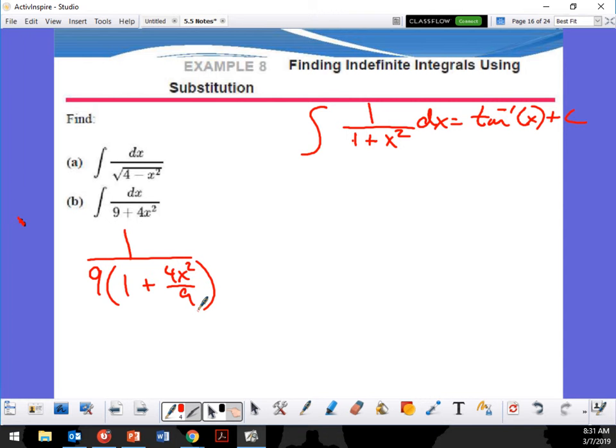Change this little piece right here, 2/3, right? So that's going to be the integral of 1 over 9, that is my coefficient. My coefficient I could factor out in front, and then it's going to turn into 1 over 1 plus 2x over 3 squared dx.